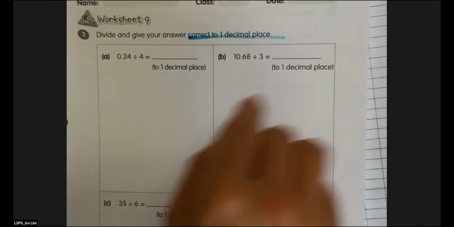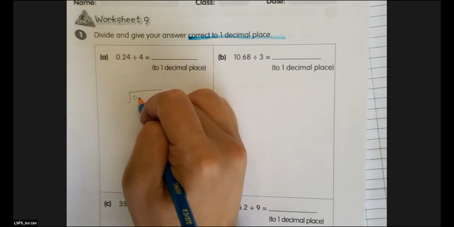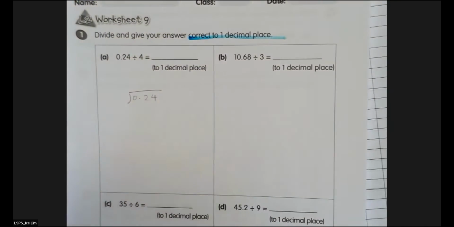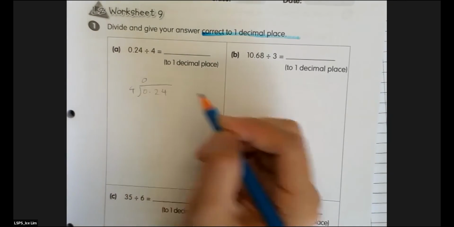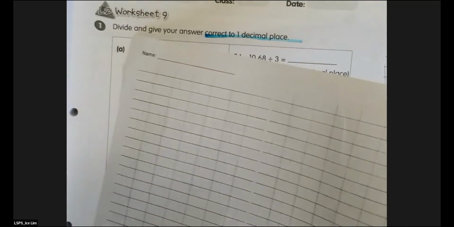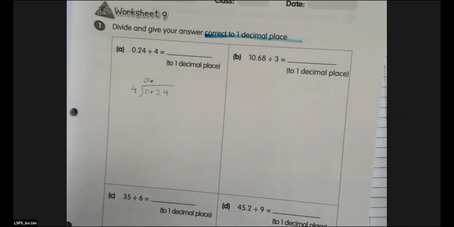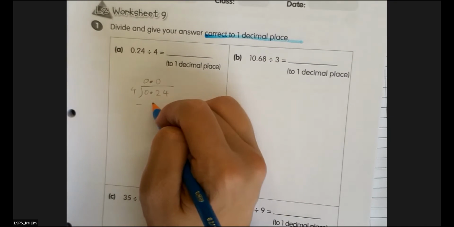If I do it here, division symbol 0.24 divided by 4. I can't do anything here. The ones place. Don't forget the decimal point. But most of you are doing on the paper, at the end, just paper and submit. Okay, no need to copy it here. Okay, nothing at the tenths place also.